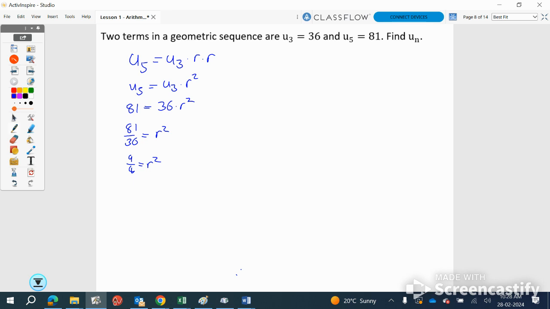And this is where I nearly weep. Every time, one of my fabulous students who I'm so proud of manages to disappoint me greatly. What is R equal to if R squared is 9 over 4? Plus or minus 3 over 2 is possible at this point.